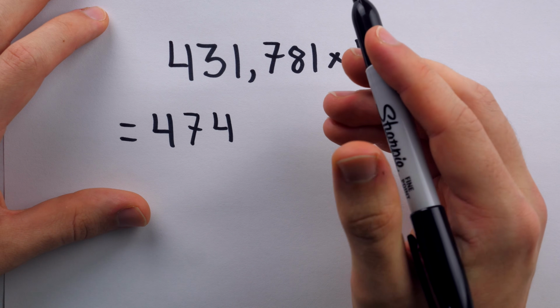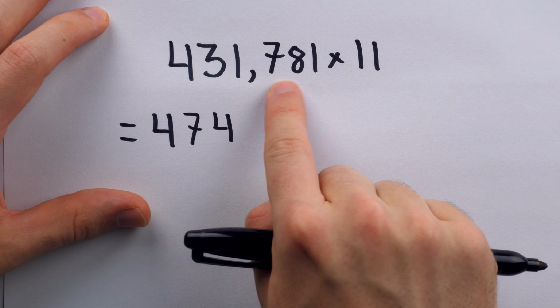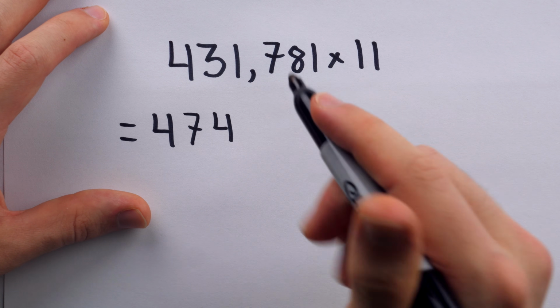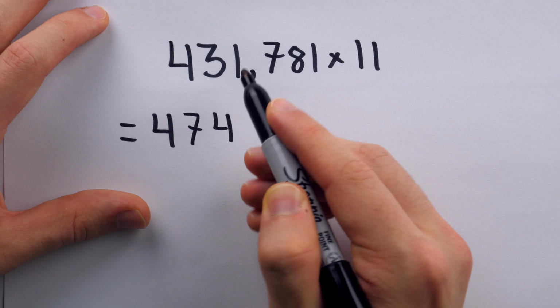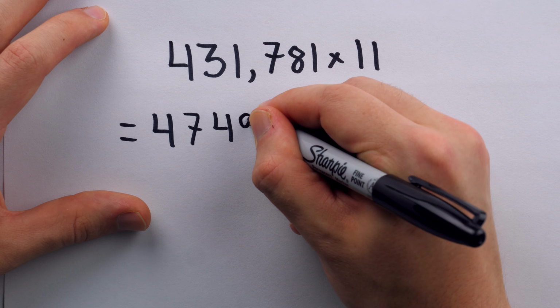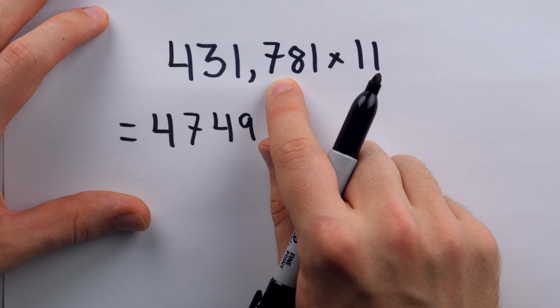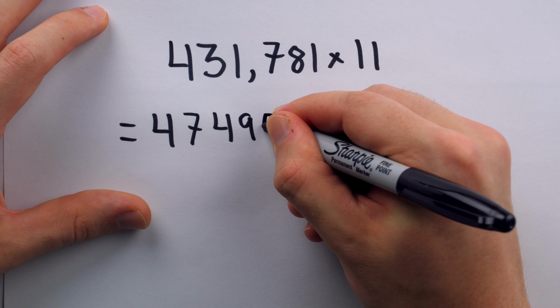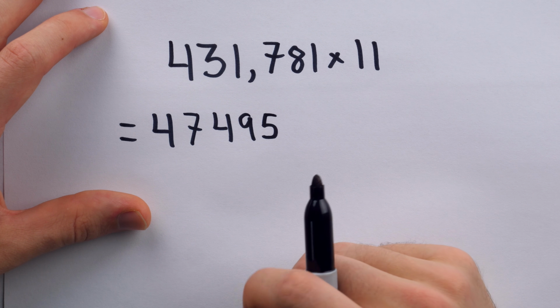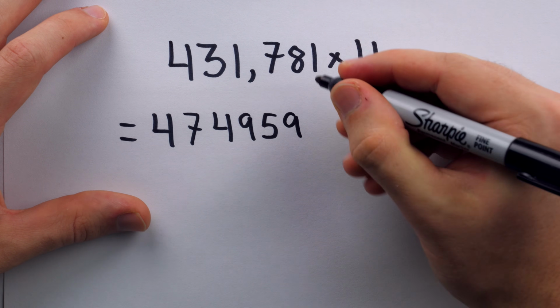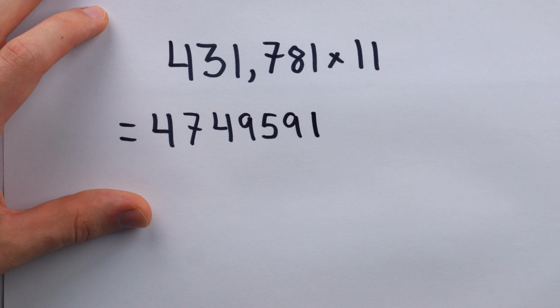However, the next digit is going to come from 7 plus 8, which is 15. So we'd actually have to carry the 1, which would bump this 1 plus 7, 8, up to 9. So when we do that 7 plus 8, that's 15. That's why this turned into a 9, and then we would have a 5 there from the 15. And then 8 plus 1, which is 9, and then we have to just end with that last digit, which is 1. And that's the answer.